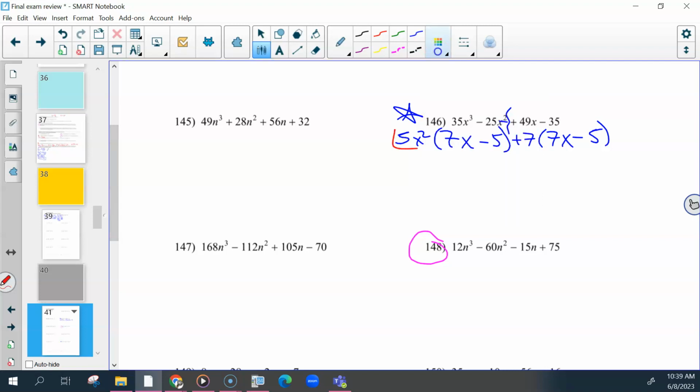Take whatever's outside the parentheses, put that together in parentheses. And then whatever's inside the parentheses, just bring down one of those. Questions on that before we do the next one?